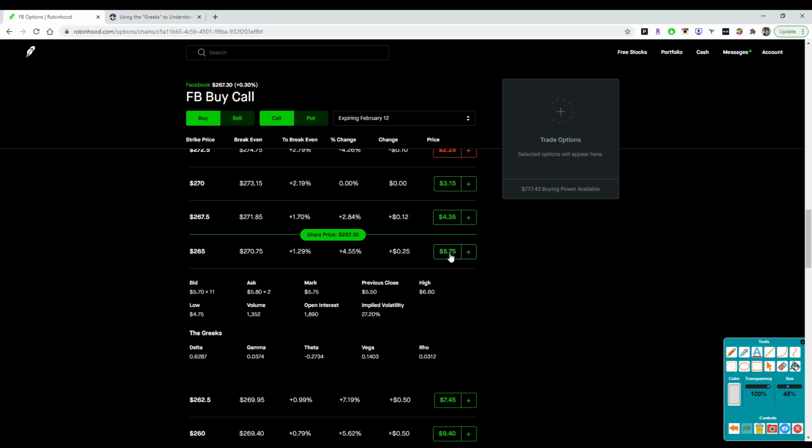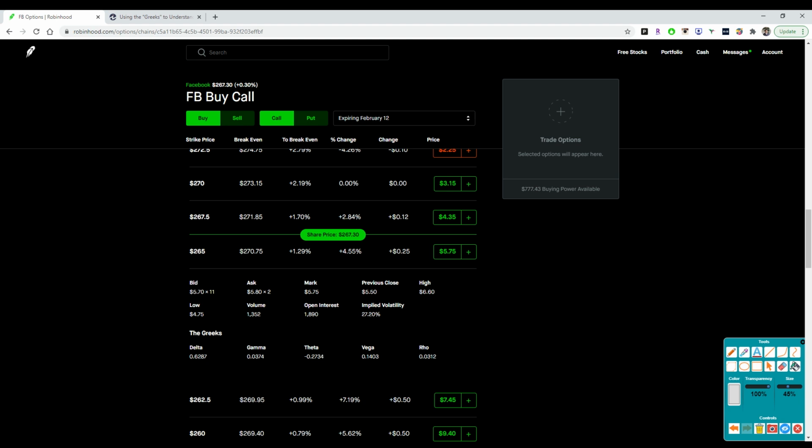The delta is pretty much the rate of change in the option relative to a one dollar change in the underlying ticker. So if Facebook goes up by $5, the option is going to go up by 0.63 times 5, which is about $3 and a little bit of change. So delta really tells you how much you should expect an option to move when the stock moves.